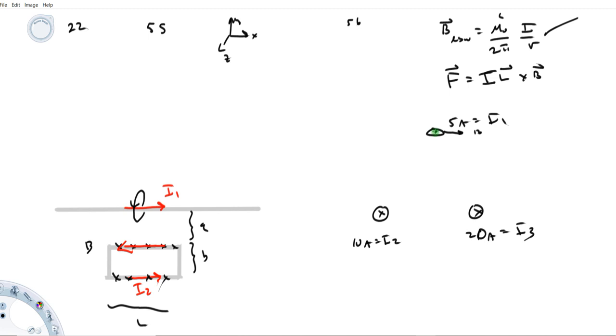Calculate the magnitude, mu sub O over 2 pi, I3 over R. Then, once you have these two magnetic field vectors, add them together vectorially. Then you can do this current I1 crossed with that magnetic field vector. Repeat for this one and this one. So it's kind of a long problem, right? But that should at least get you rolling.